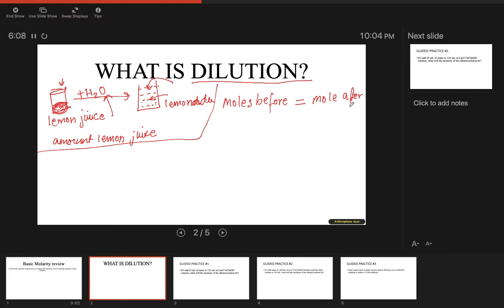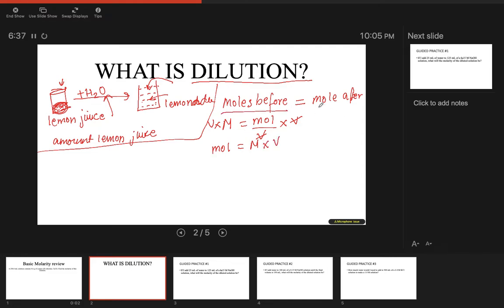Okay, moles are equal. You guys know the formula. Molarity equals moles per volume. If I need to solve for moles, you multiply both sides by volume. Volume cancels out, so moles equals molarity times volume.